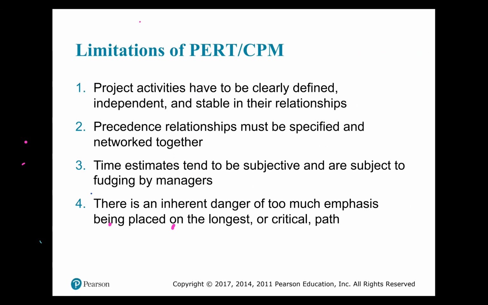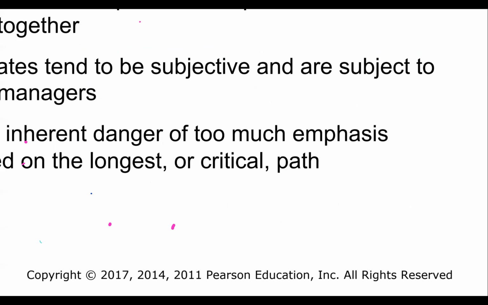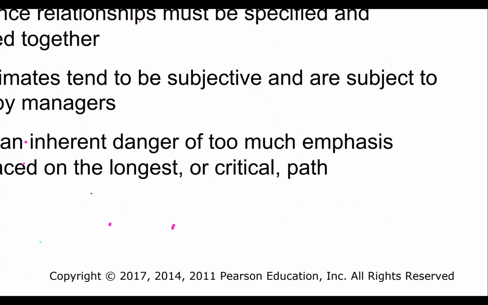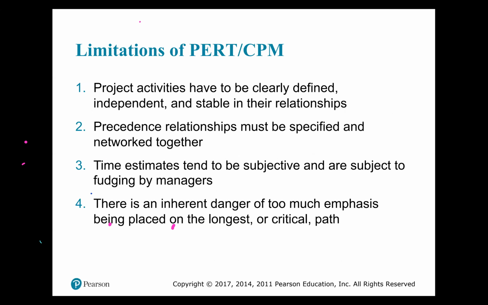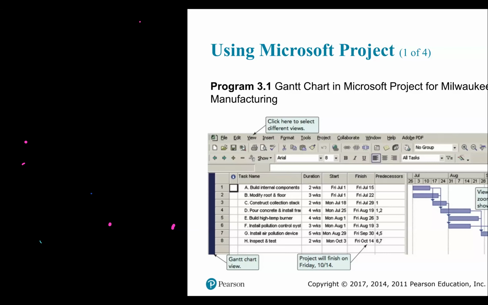So we have some limitations or disadvantages of PERT, such as you must be specific with the precedence relationship, otherwise you're going to be in trouble, right? And one limitation is that you may miss something in the project because you're so focused on the critical path of the project, right?